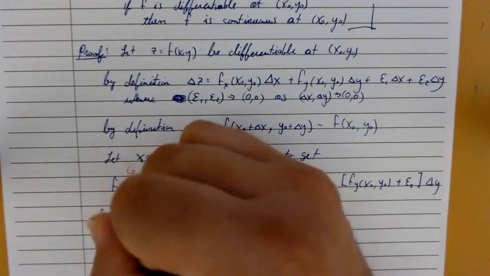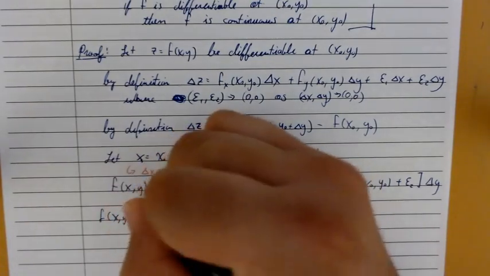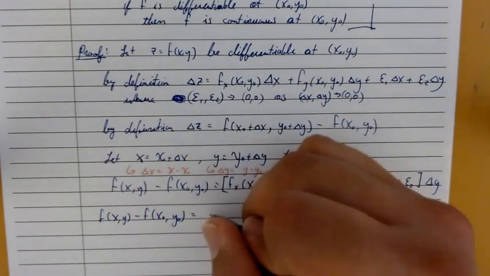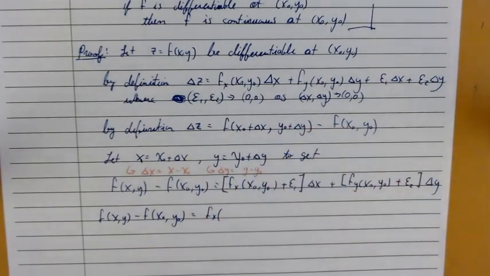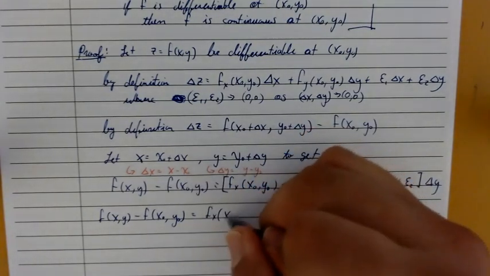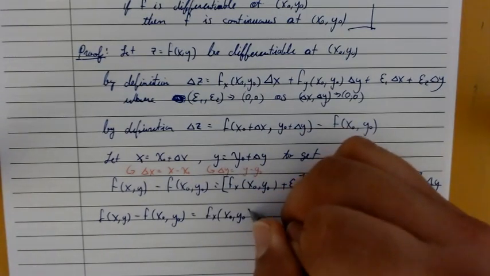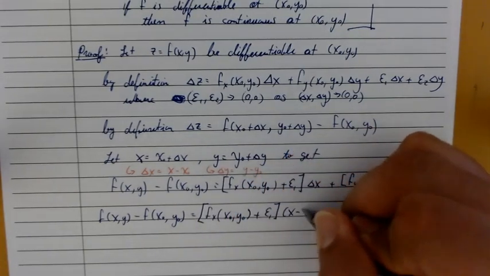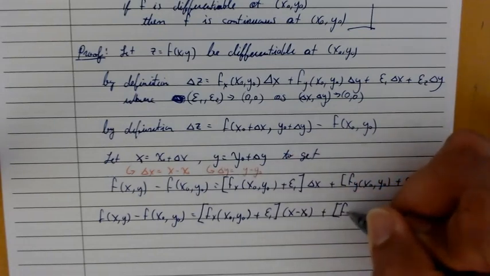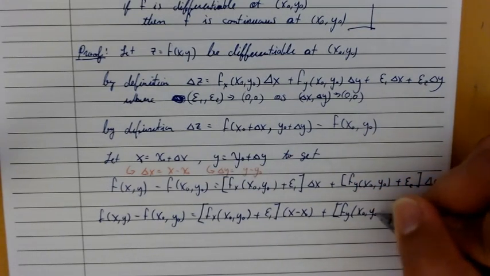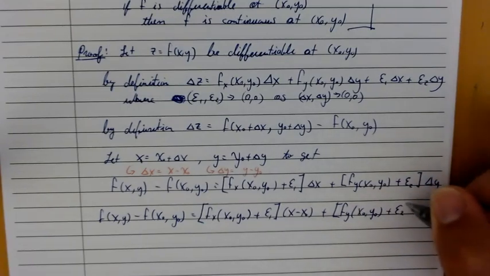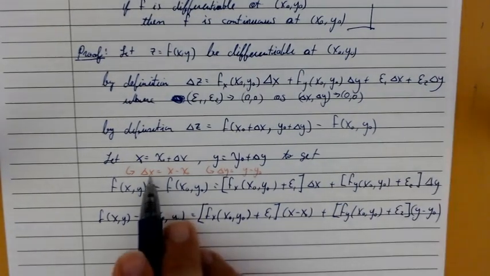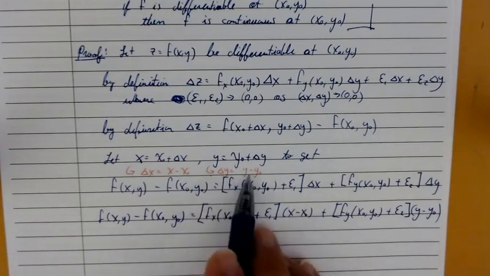So that's going to be f of x comma y minus f of x naught comma y naught is equal to f sub x, the x partial derivative of f at x naught comma y naught, plus epsilon 1 times x minus x naught plus f sub y at x naught comma y naught plus epsilon 2 times y minus y naught, after substituting this for that here and this for that here.